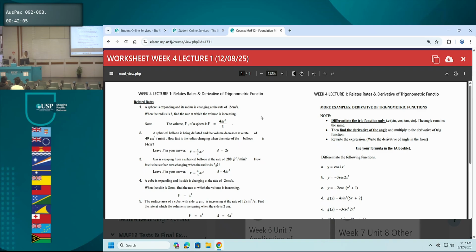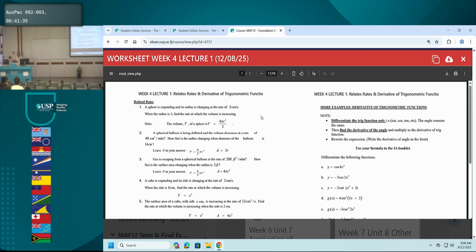Now we know that the basic principle of differentiation is based on the basic concept of rate of change. Differentiation is used to find gradients. Instead of y2 minus y1 over x2 minus x1, we use dy over dx.